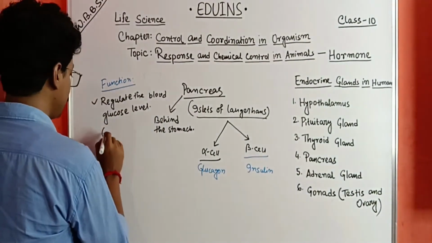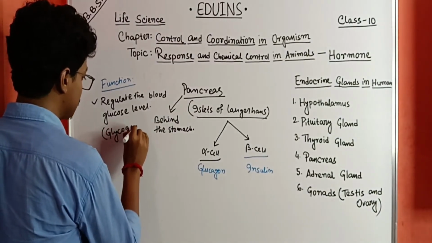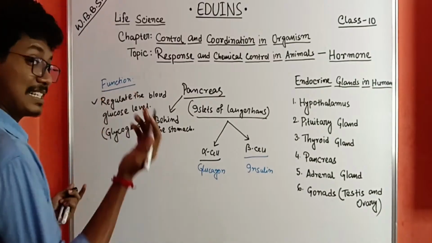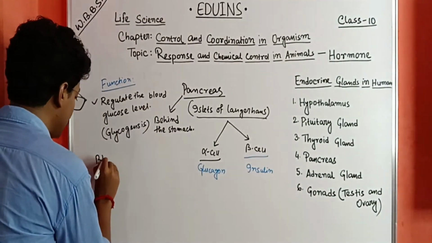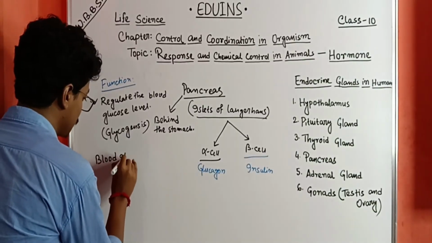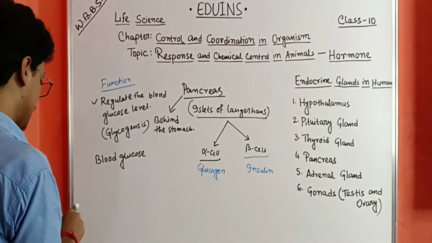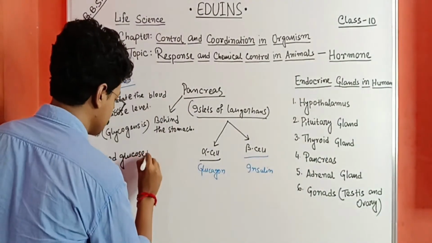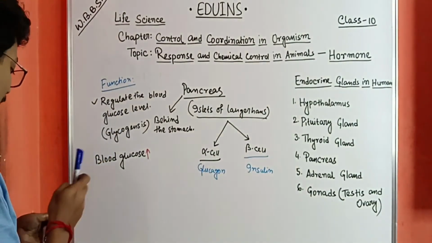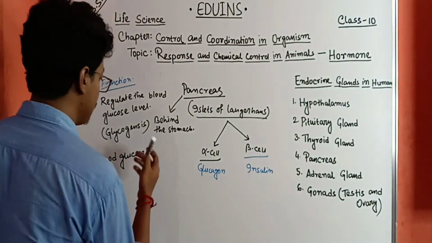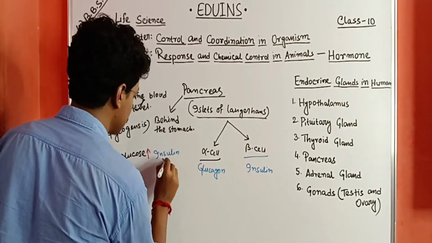By the process of glycogenesis. What is glycogenesis? When the blood glucose level is high, insulin is released.